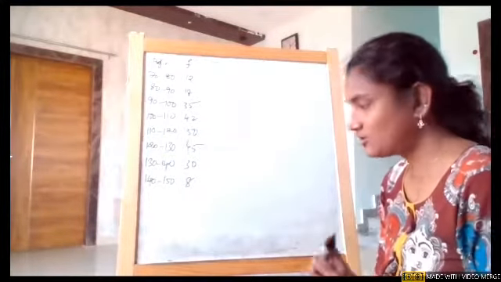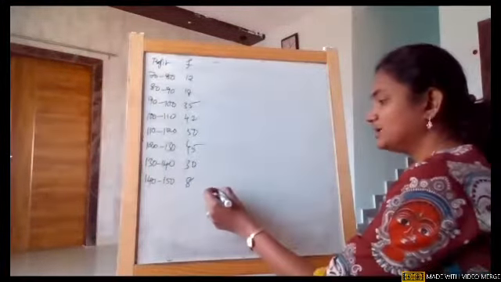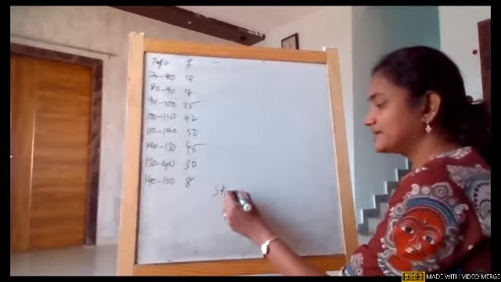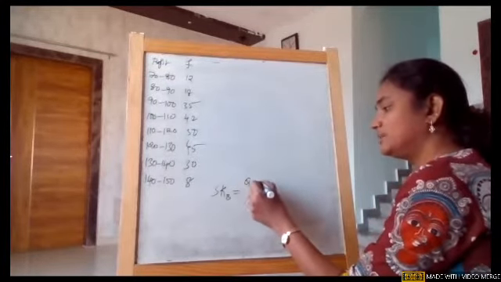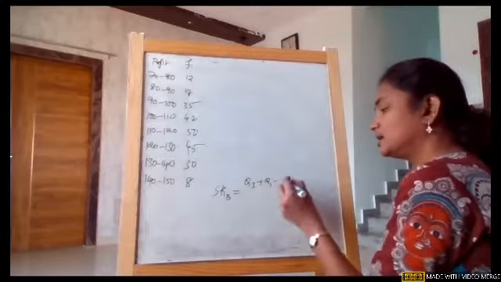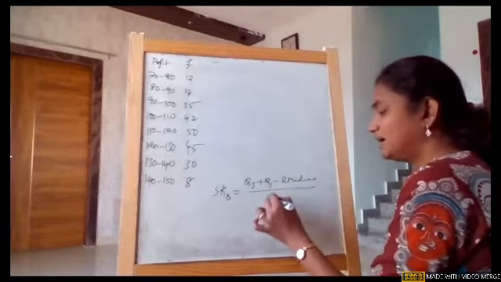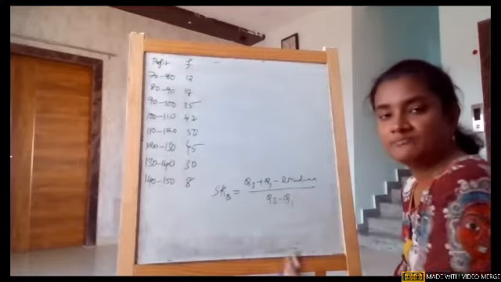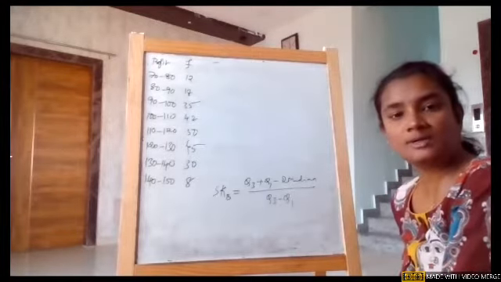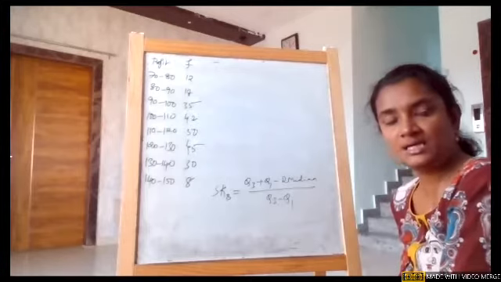Bowley's is represented with SKB, which is Q3 plus Q1 minus 2 median divided by Q3 minus Q1. So this is our formula. We need to find out the two quartiles as well as the median.